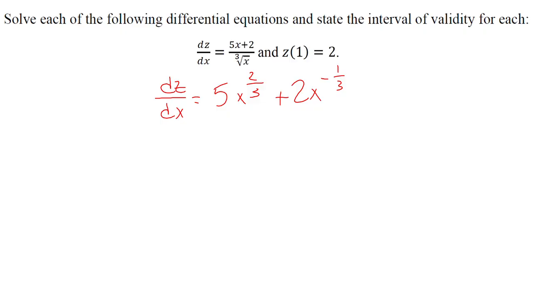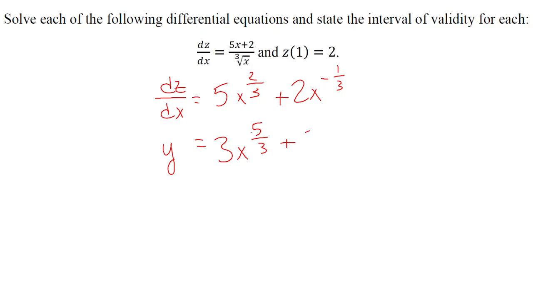So now when I integrate, right, we'll go up from 5x to the 2/3 to 5/3 and divide by 5/3, which gives us 3x to the 5/3. And then plus over here, 2x to the -1/3 will become 2x to the 2/3. We'll divide by 2/3 or multiply by 3/2.